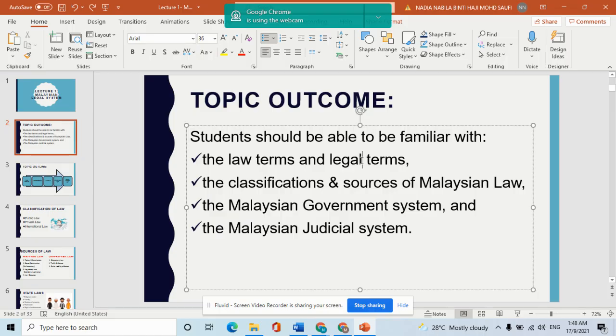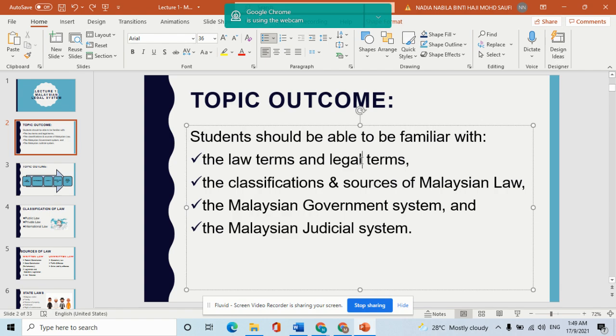Why do you have to understand the classification and sources of law? Because you need to understand how the law derives into being used in Malaysia, what the history of this law is, how it is implemented, how it is adapted, and from where we replicated this law, and how it is suitable to be used in Malaysia.